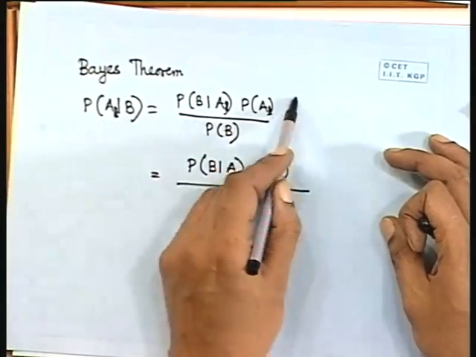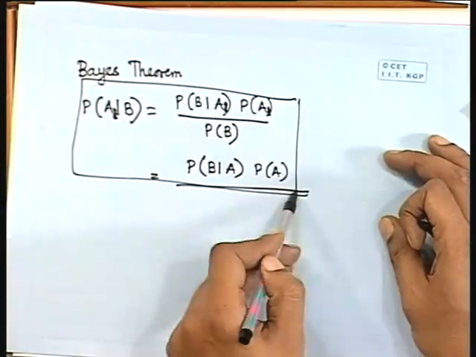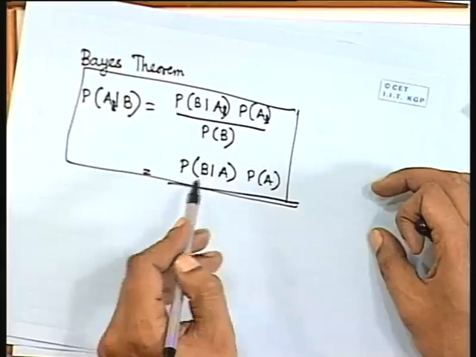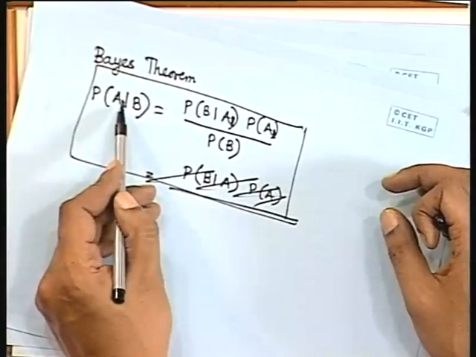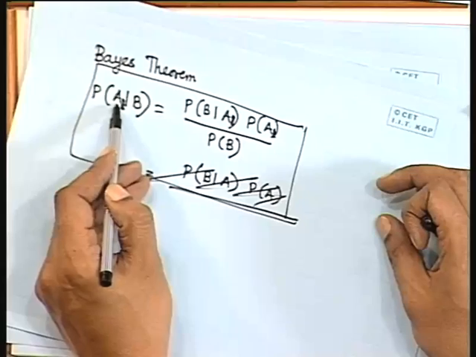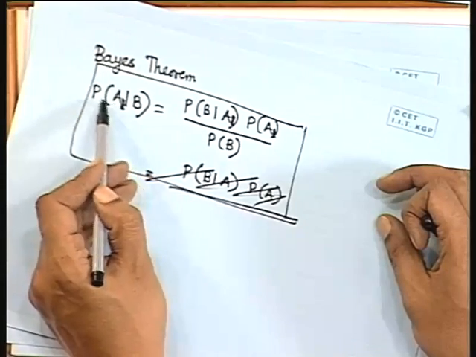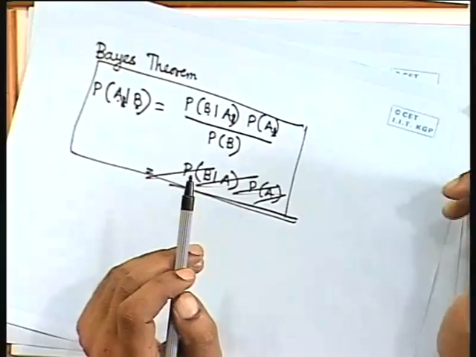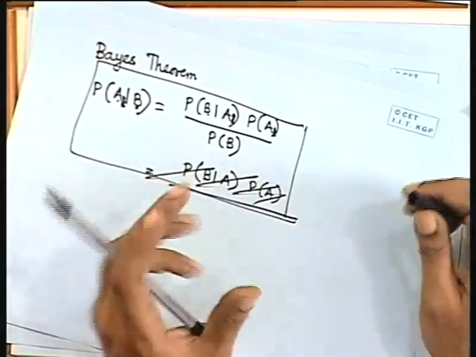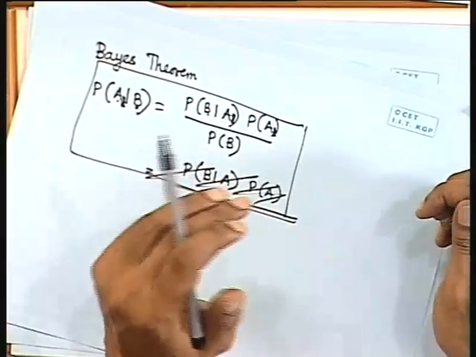So we'll do that. This is the Bayes theorem for two variables. See that with this theorem I am able to calculate probability of A given B in terms of probability of B given A. This is rather useful. I mean, you are taking one to the other side.